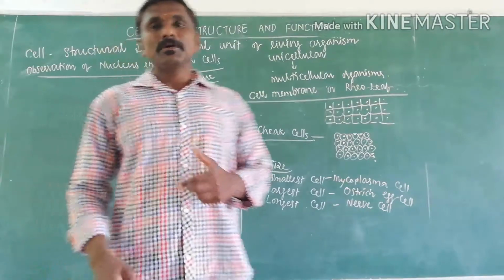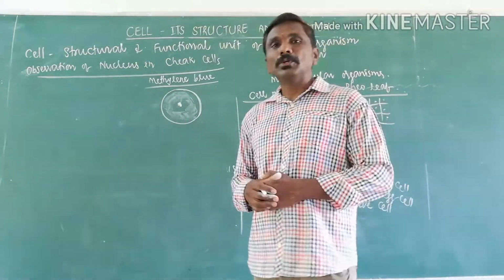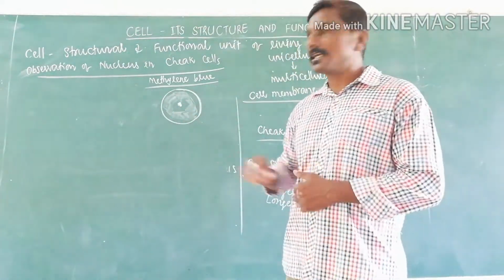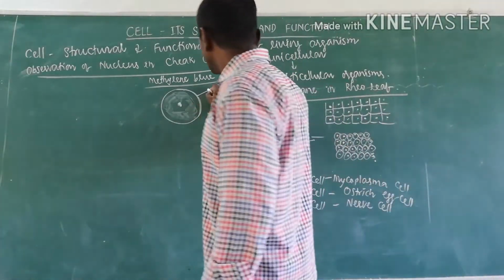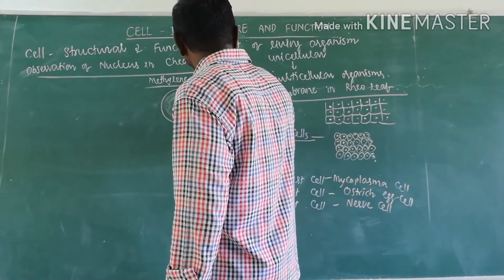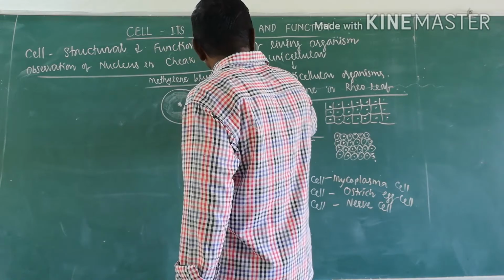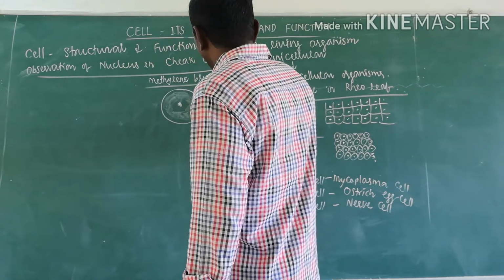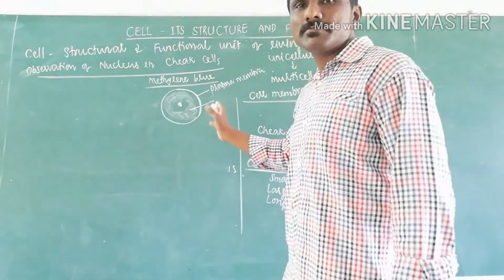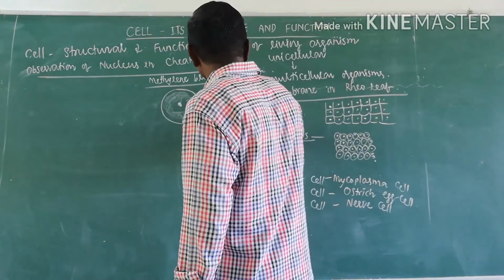You will see a dark boundary, which is called the plasma membrane. The dark blue boundary is the plasma membrane. And the blue colored fluid matrix is called the cytoplasm.